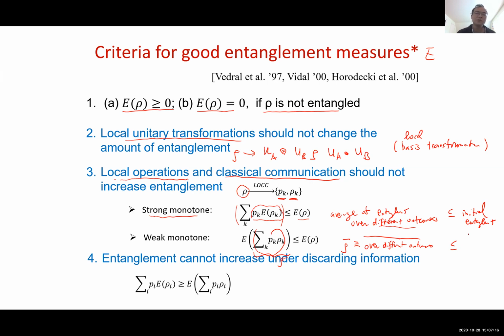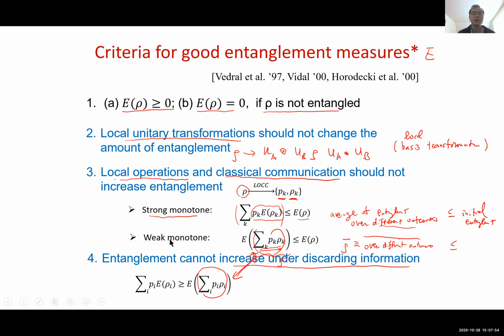There's also a slightly more subtle condition, meaning that entanglement cannot increase under discarding information. This means the thing that I did here, averaging over the states, averaging over different outcomes for the density matrix, is a way of discarding information, right? So if you discard information, that should be smaller than if you have the information of which outcome.